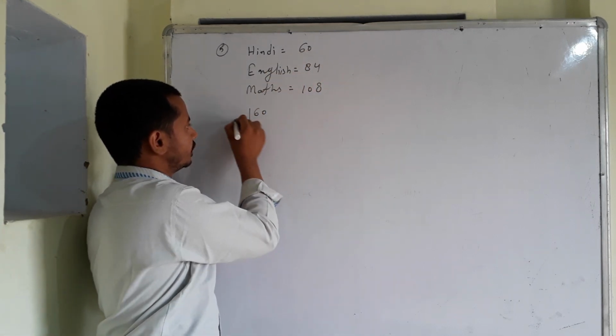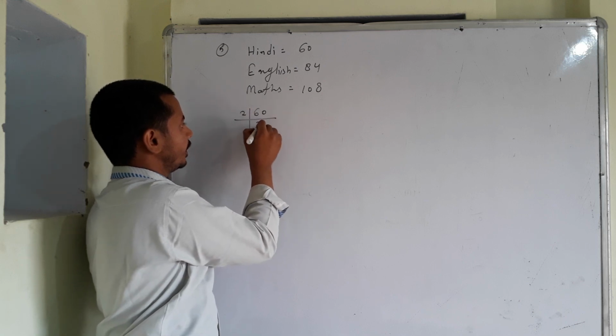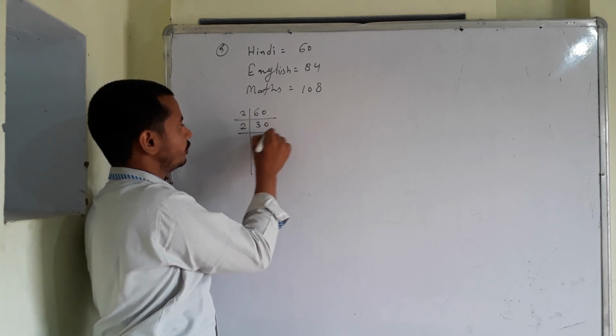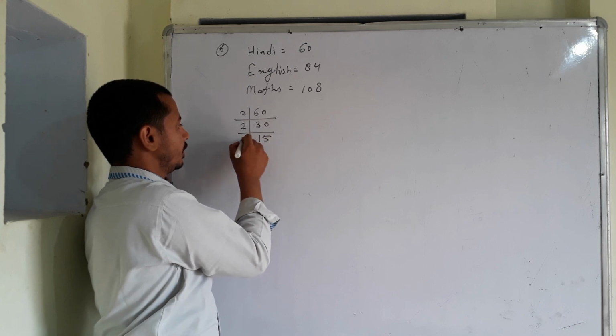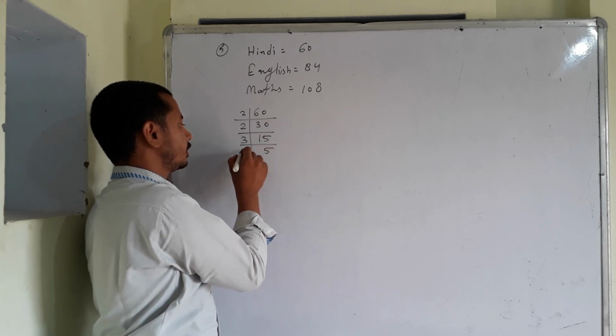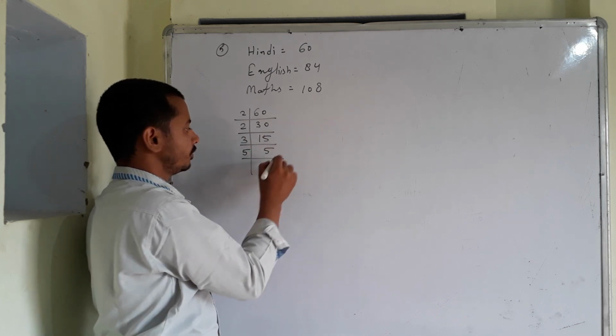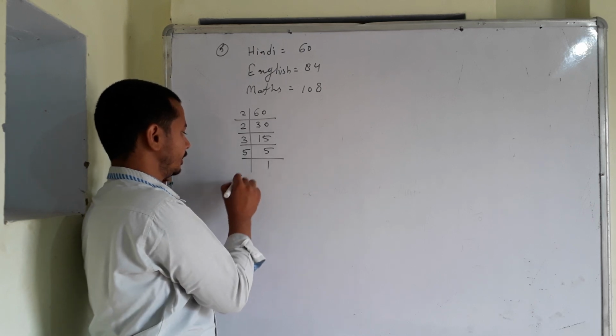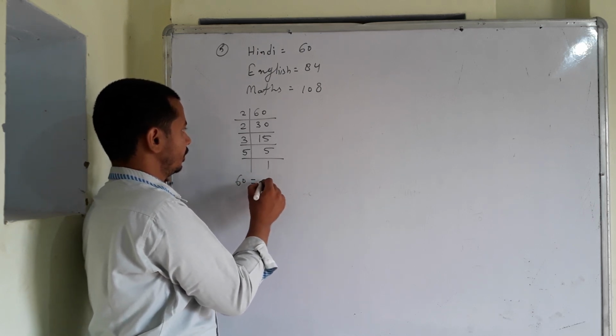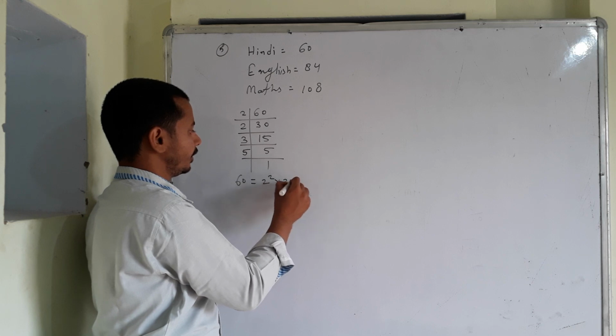So first is 60, divide by 2, then we find 30, again divide by 2, so 15, divide by 3, so 5, and the last factor of 60 is 5, so we find 1. And 60 equals 2 square multiply 3 multiply 5.